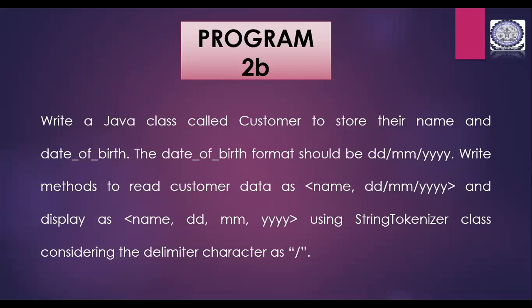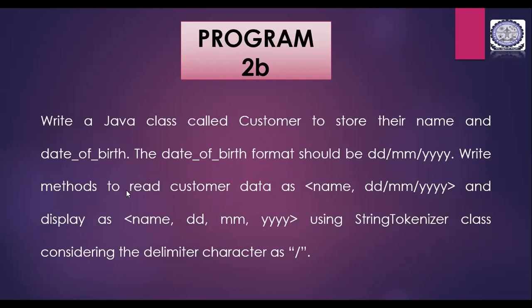Okay, so I think you got to know we will be using the string tokenizer class in Java, and we will be taking the name and date of birth of the customer. So the date of birth should be in this particular format, separated by the separator character or the divided by character and symbol.